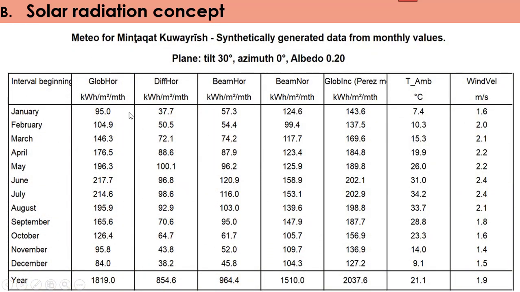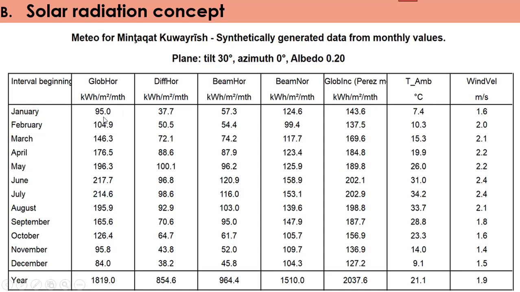Now, if we take a little note about this table of meteorological synthetically generated data from monthly values, this table was generated from the environmental conditions for the selected site for each month through the year. As we see, the second column represents the global horizontal irradiation.